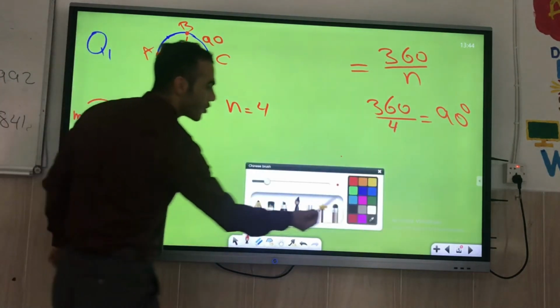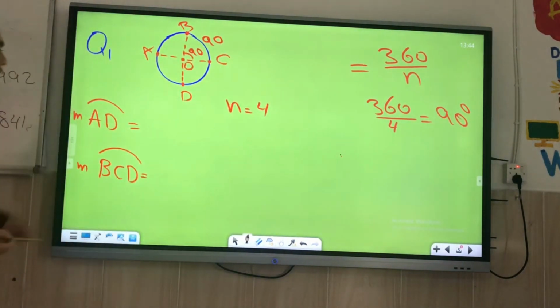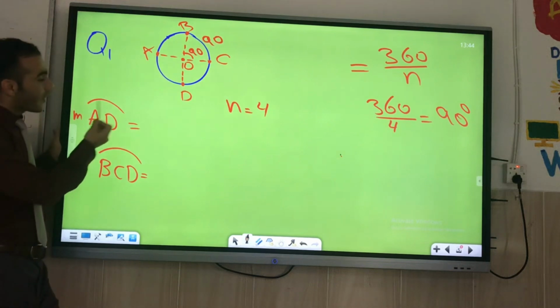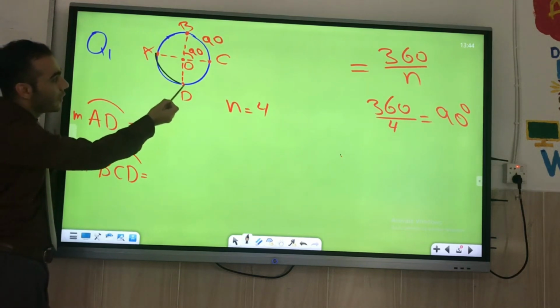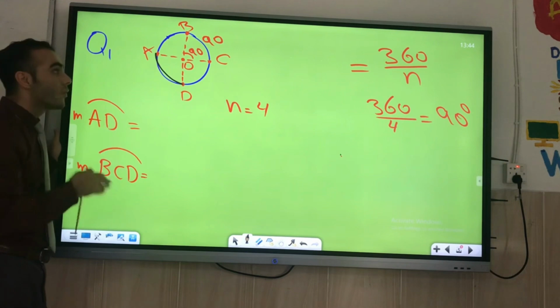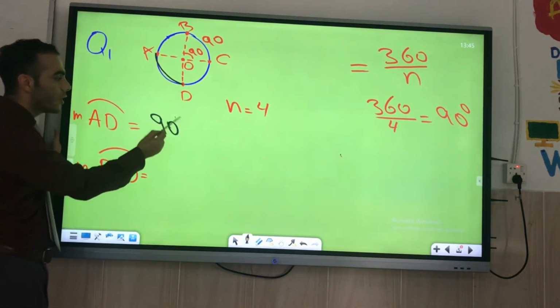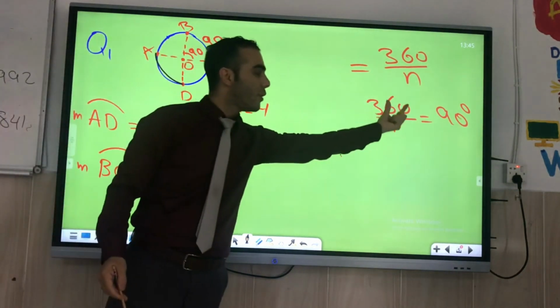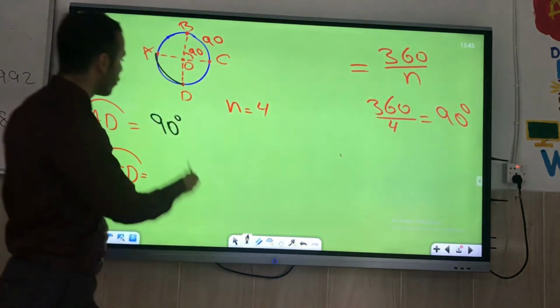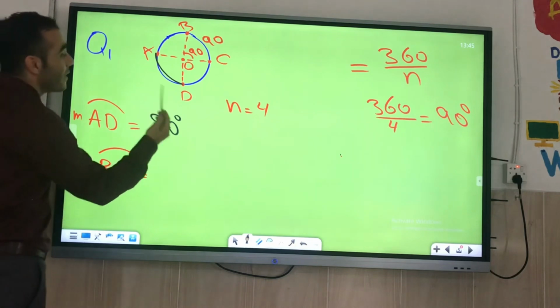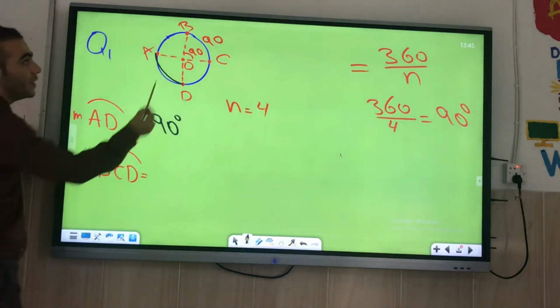So let's see what kind of arc we are required to find. The arc AD is one of the 4 equal arcs, and it is equal to 90 degrees because we found that the measure of each congruent arc is equal to 90 degrees. And the next one is the arc BCD.